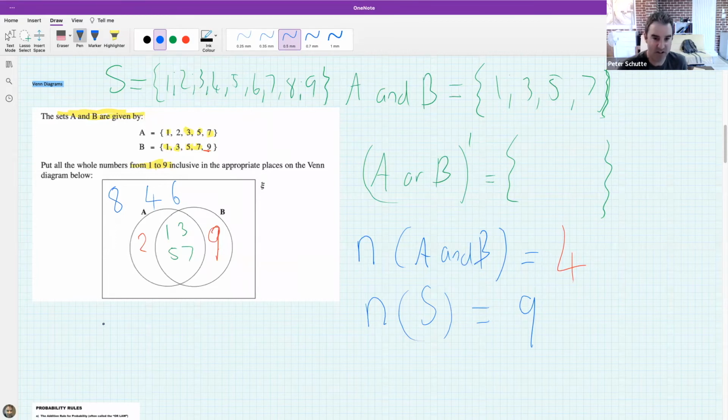So what if I said to you now, what is the probability of an item being in A and B in this particular diagram? What is the probability of A and B?